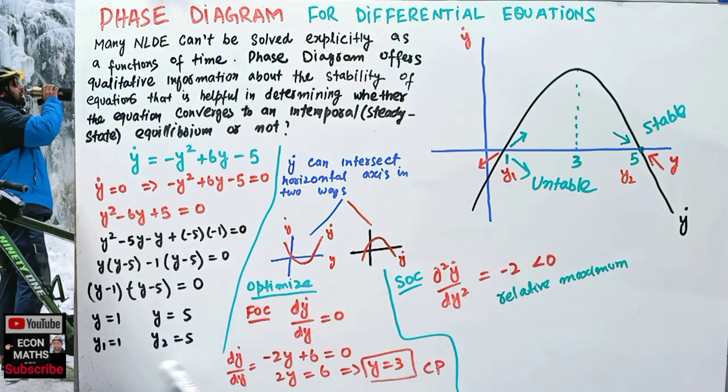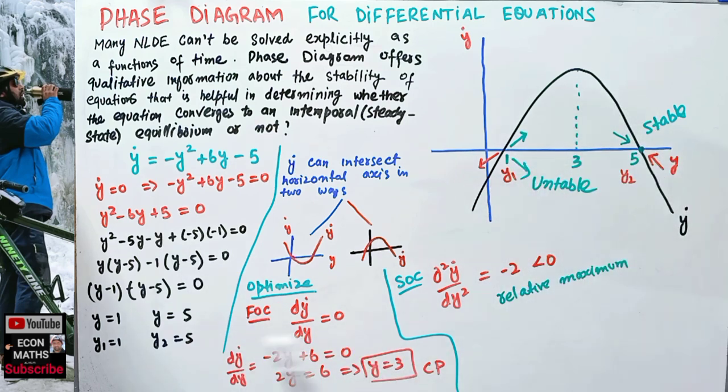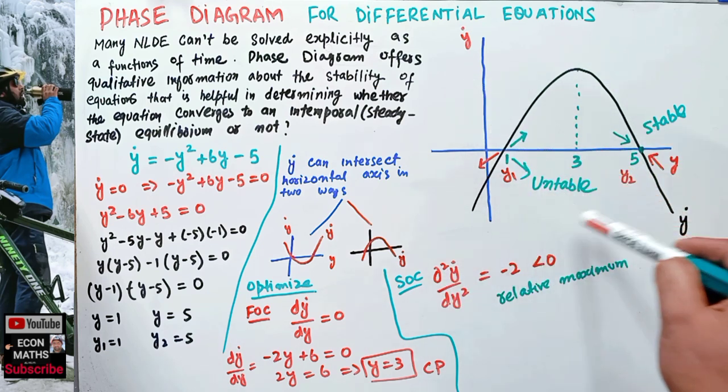When we set it equal to 0, we got two values for y dot where it intersects this horizontal axis, that is y1 is equal to 1 and y2 is equal to 5.